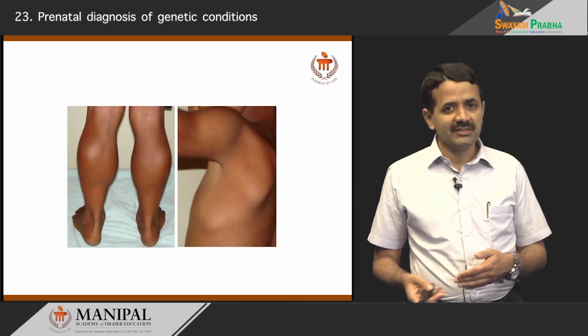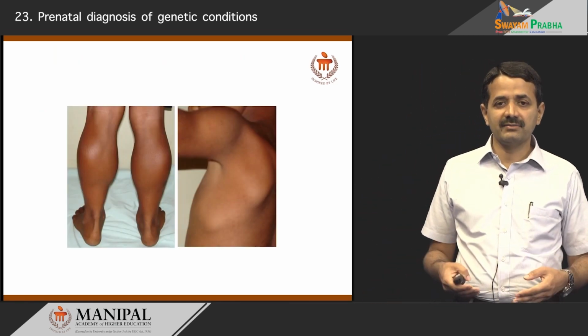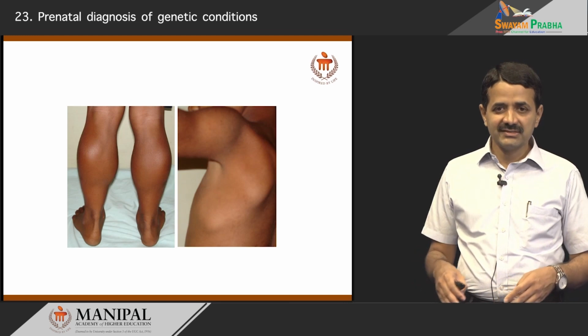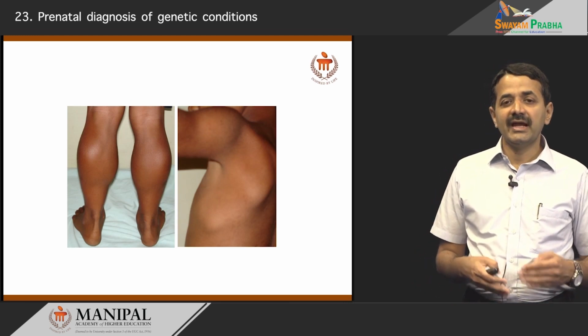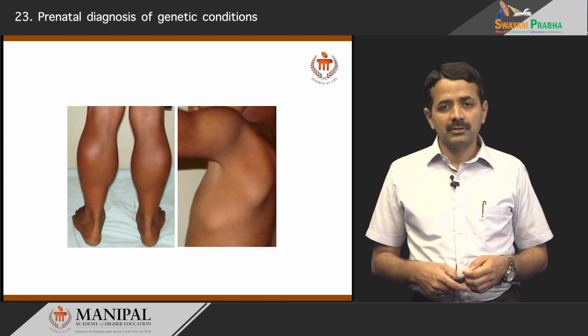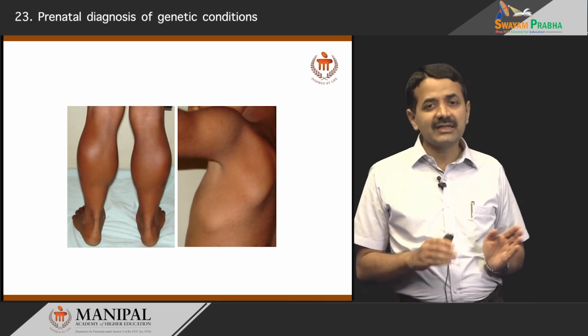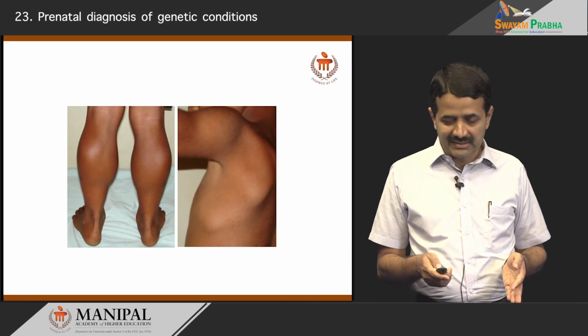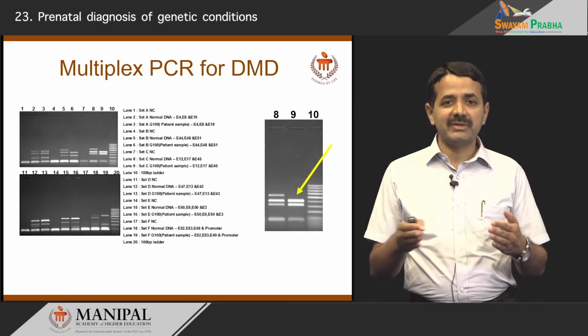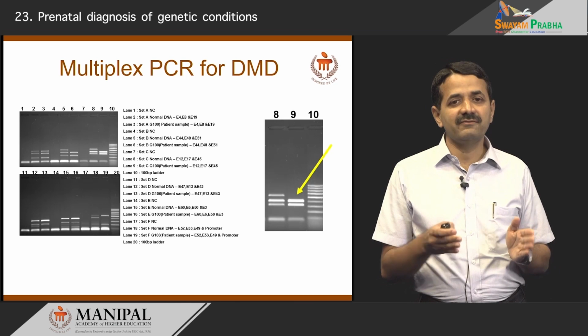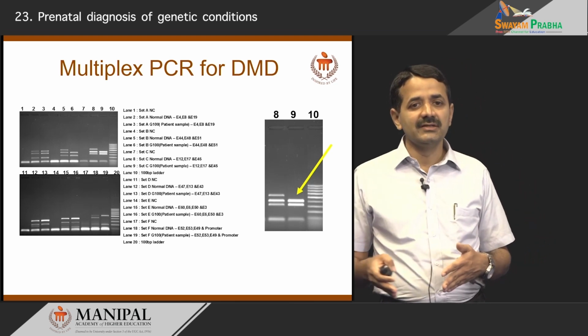One example is Duchenne muscular dystrophy, where children have progressive muscle weakness, hypertrophy of the muscles, and then usually they succumb to death in their second decade. It can be done in several ways. I will give one example where it can be done by multiplex PCR. You can see the bands for different exons of the DMD gene.